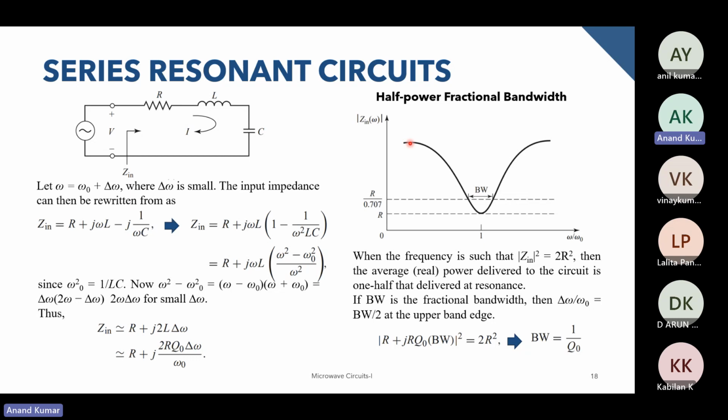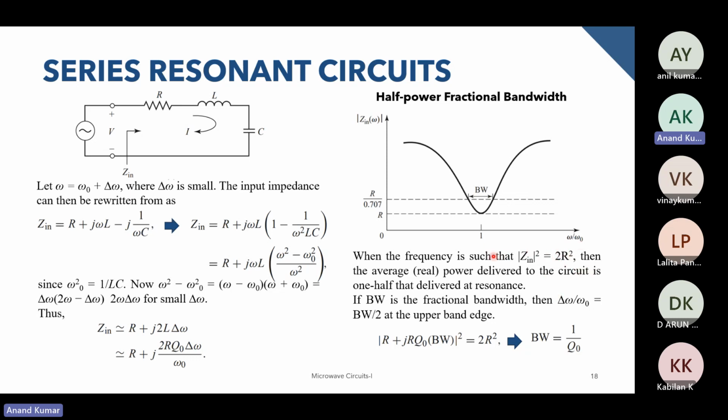Now we also discussed the half power fractional bandwidth. If you plot the input impedance with normalized frequency, you will observe that the plot looks something like this. The half power is found to be when the square of the input impedance is equal to 2R square.